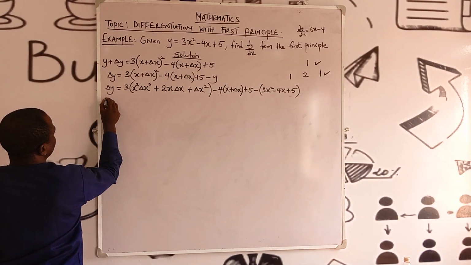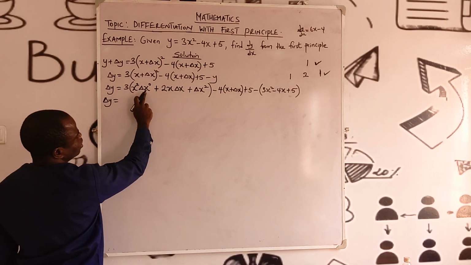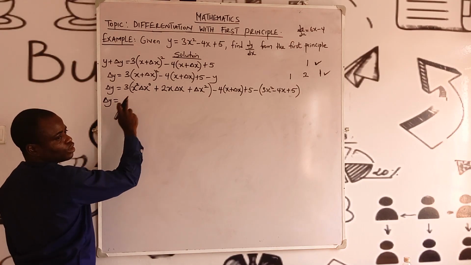Now open the bracket. Delta y equals this x raised to 0, dx raised to 0 is 1.